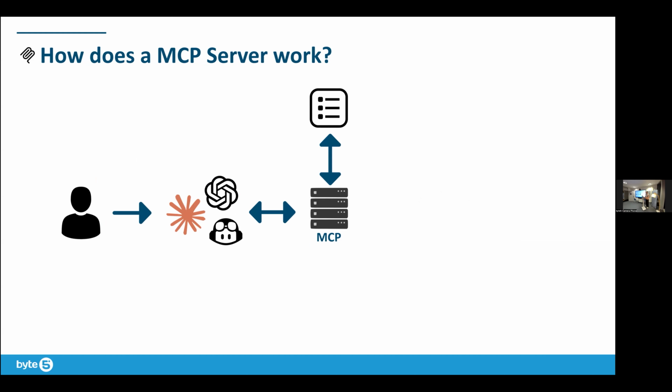And the LLM takes this query, translates it, and tries to find the available tools from the MCP server. And the MCP server invokes this tool to make the API calls so that it can retrieve data from the Umbraco Cloud or API, and it translates back to the user as a human readable message.